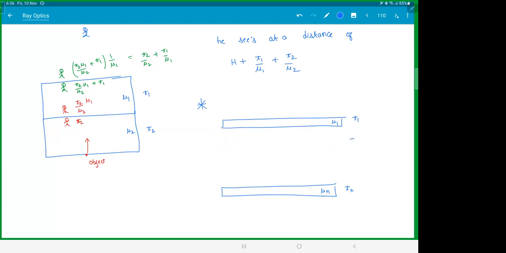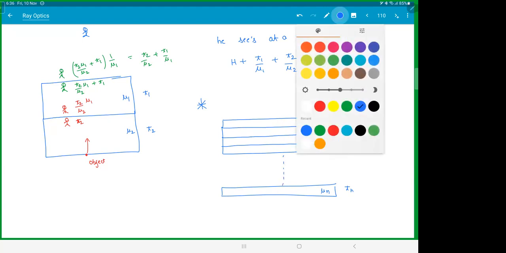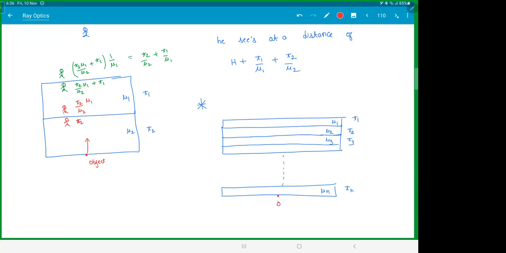let's take them. So if this is the object and this guy is here, so he will say the formula is h plus t1 by mu1, t2 by mu2, so on till tn by mu n.